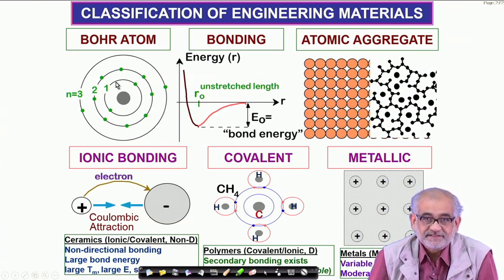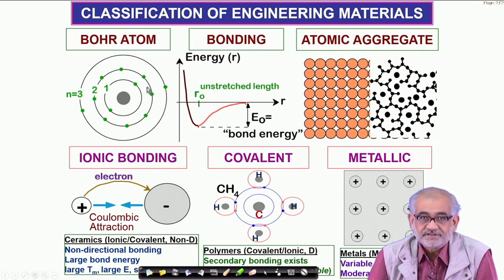See, as materials engineers, or for that matter engineers, we don't deal with a single atom. That's the domain of the physicists and chemists, where they would like to go into subatomic particles and deeper inside at much smaller length scale. As engineers, we don't deal with single atoms, but we deal with aggregates.